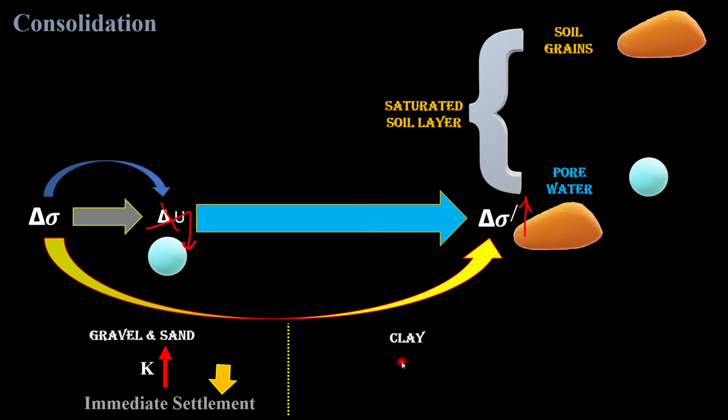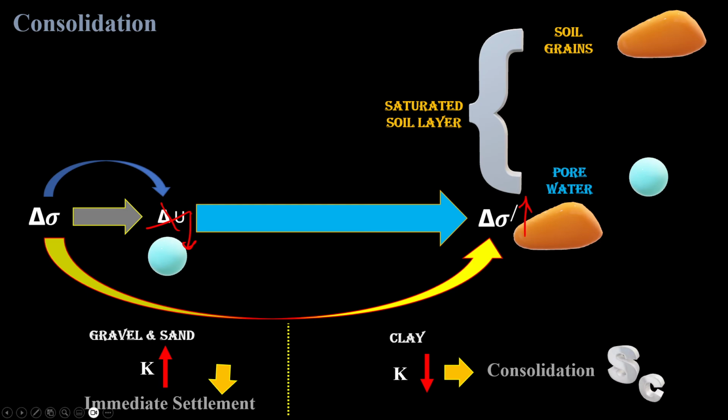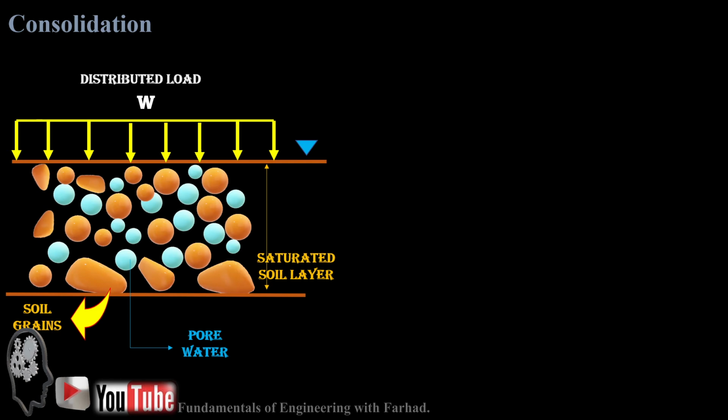But in soil like high plasticity clay, hydraulic conductivity is low, permeability is low, and it takes a while to consolidate the soil. So that's why for gravel and sandy soil we have immediate settlement, and in clay we will see consolidation happen. So that's exactly what we are looking for, S sub C.